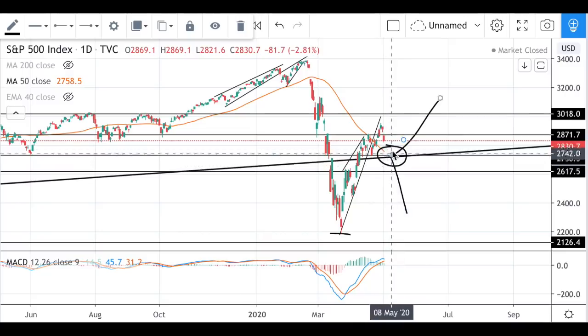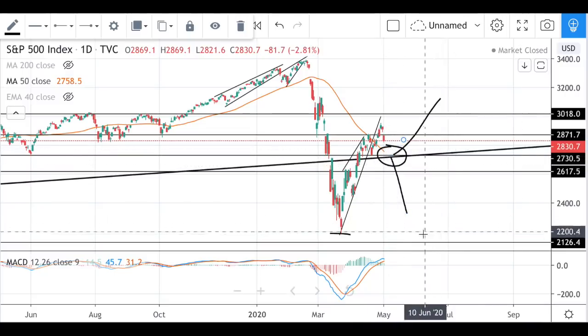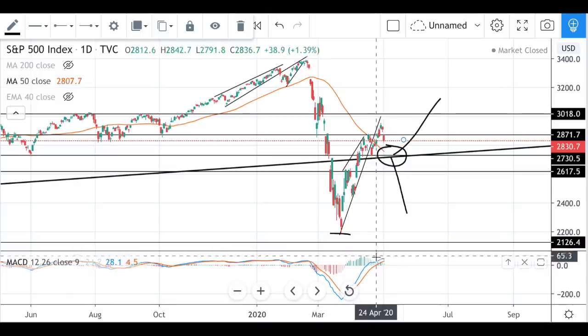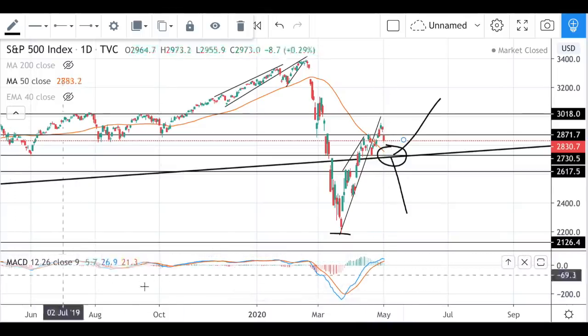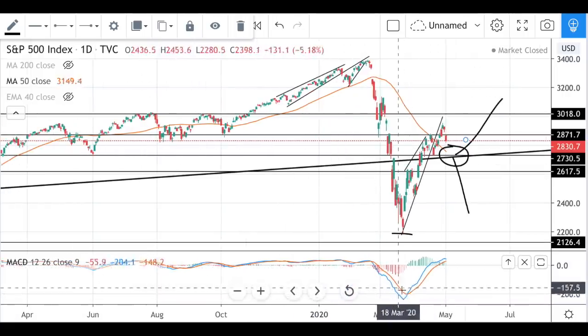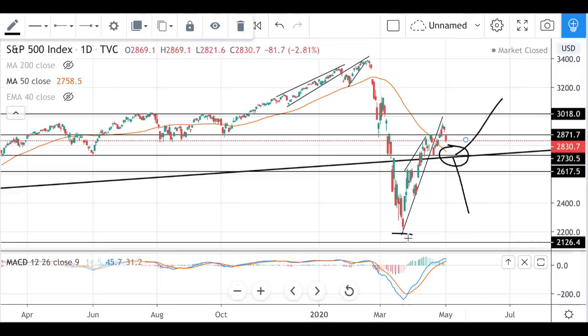You'd have to wait for a breakdown if you are short. Now, this really would be a beautiful trade because not only you'd have multiple breakdowns of key levels, but you'd also have a switch in momentum. This is the MACD indicator. It's a momentum indicator. And so when you get these crossovers where the blue and the orange line intersect, you get a switch in momentum. You can see this happen right here.